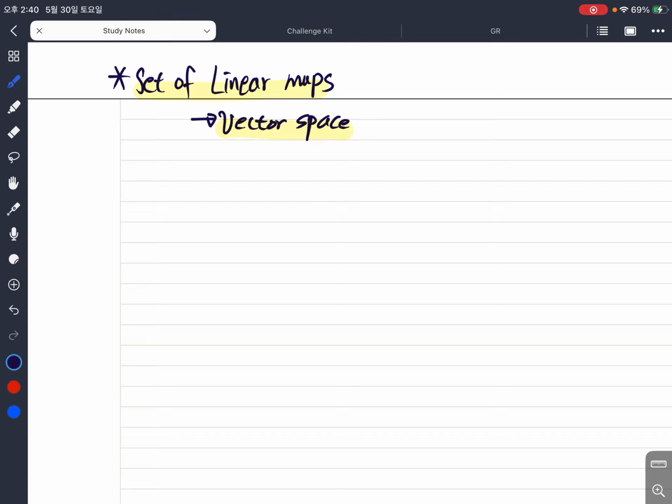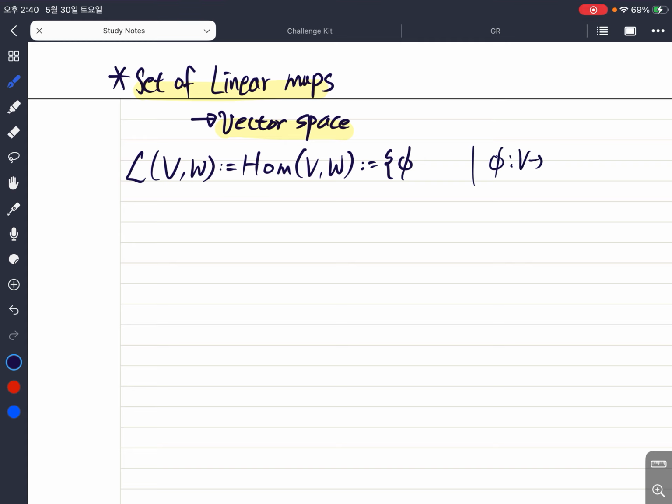The symbol for the set of linear maps is L(V, W) because it is linear, or because we recall a linear map is just a homomorphism, so we write Hom(V, W). This is the set of maps phi, phi from V to W, and it is linear.